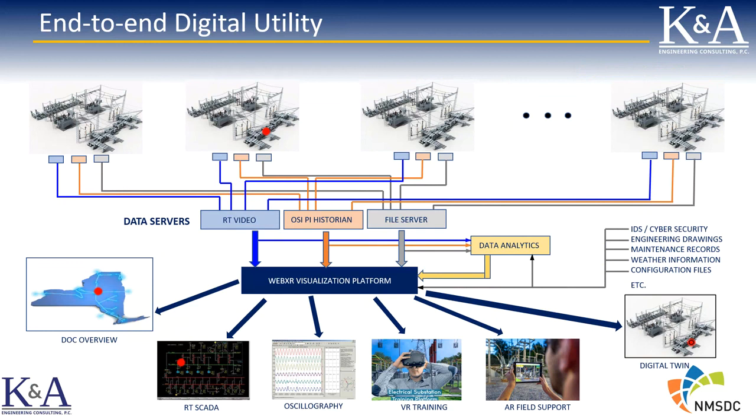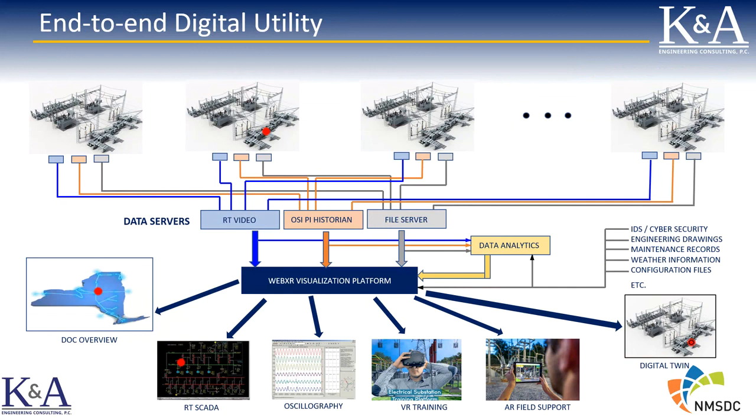And so if you expand the concept out, then you basically have transformed all your substations into digital substations. You have these data streams coming in from all of the substations. You can aggregate all this data at a central location, such as a control center or a digital operations center.